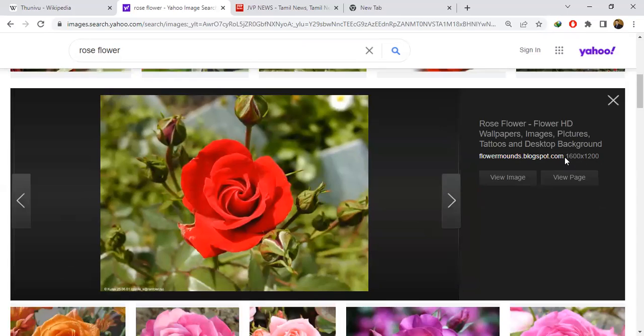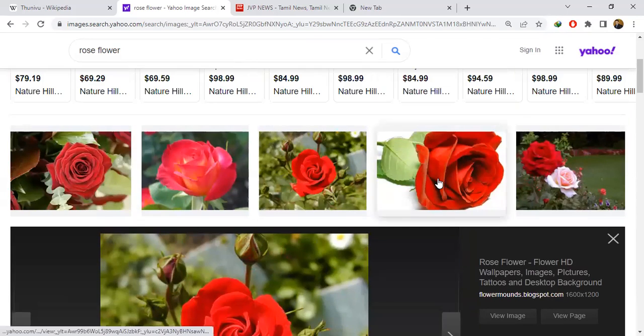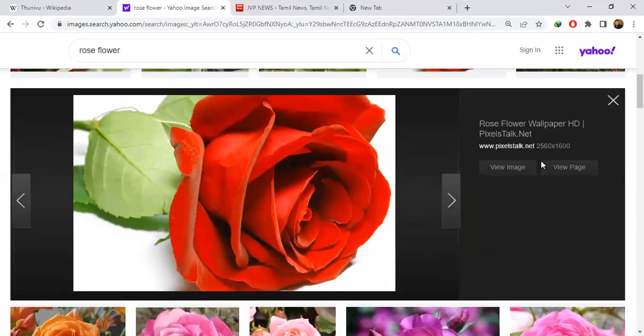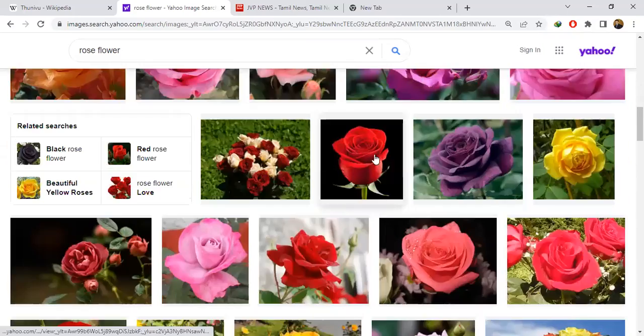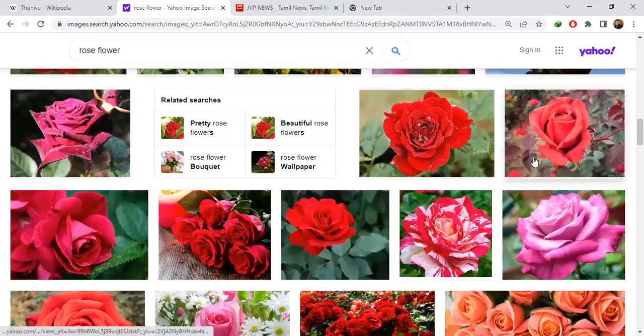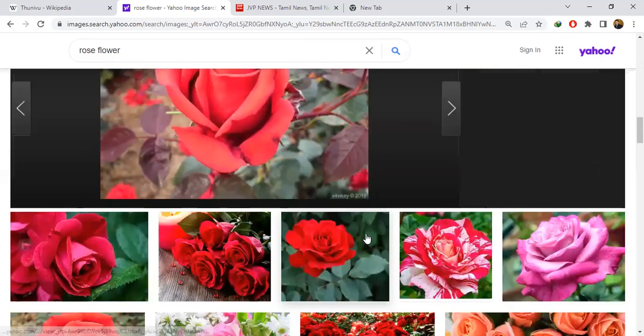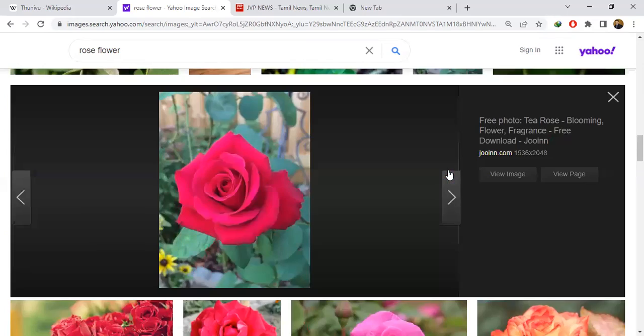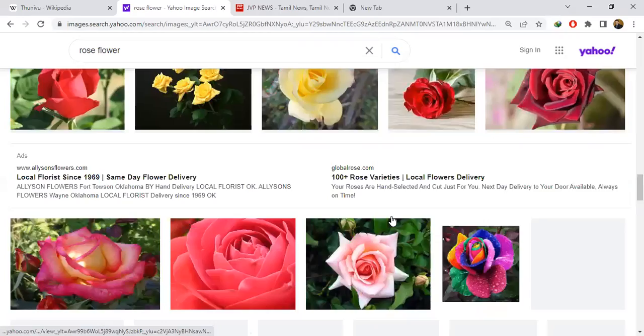Can you see the resolution here? Yes, sir. Now, when you click here, it has a higher resolution, correct? 2000, bigger resolution. When you search, some will be in poor resolution, but most of them give higher resolution.